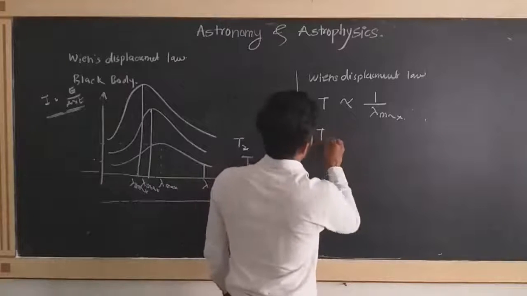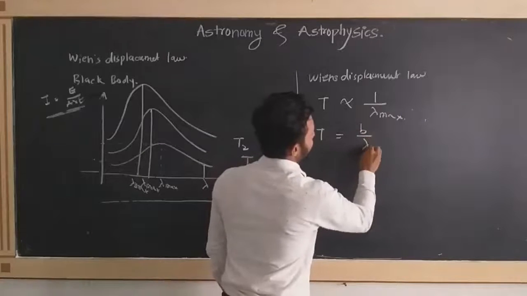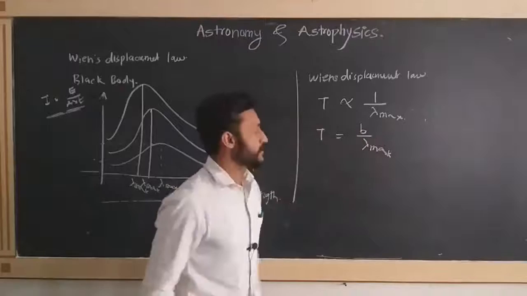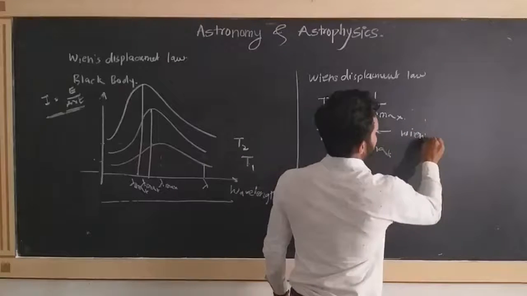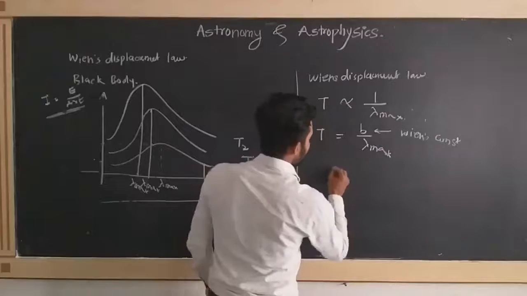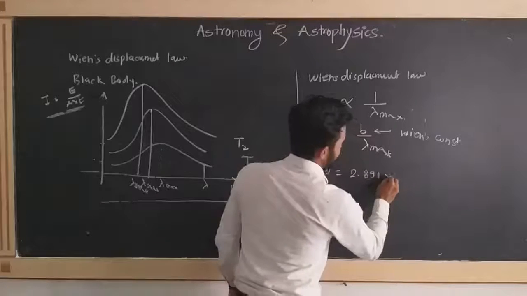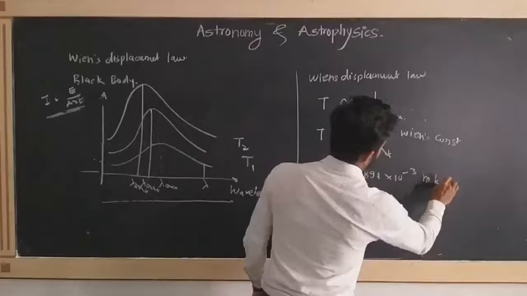We can write the proportionality constant as T equals B upon lambda max, where B is a constant, also known as Wien's constant. That Wien's constant B is 2.898 times 10 raised to minus 3 meter Kelvin.